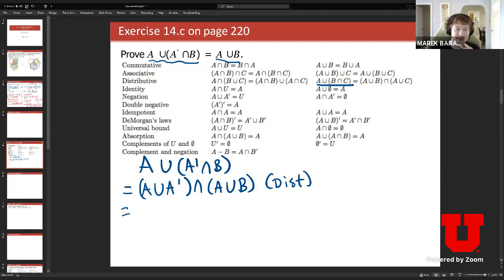We're going to apply negation to A union A complement, and that gives us the universal set. I mean, A prime, if you know what you're talking about, it's fine, but most people are going to say A complement. You're not going to get graded on that, so it should be fine. And that was by negation.